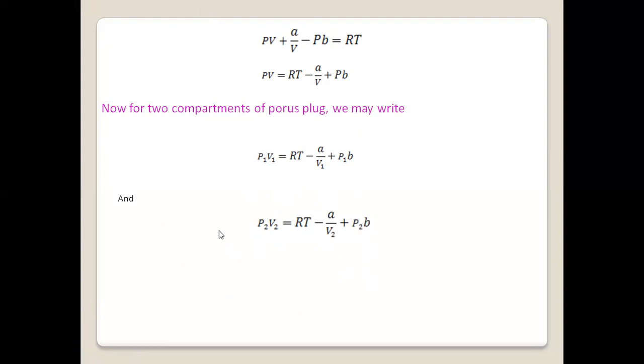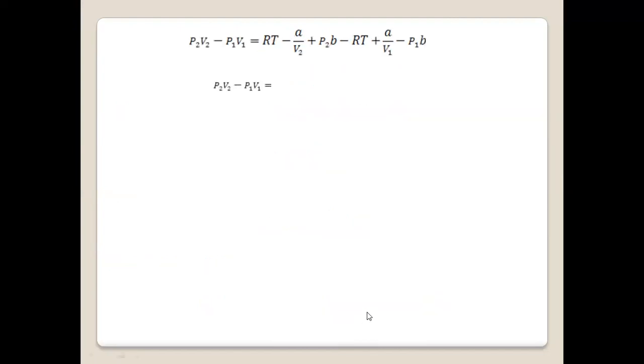Now we may write that the external work done, P2 V2 minus P1 V1, is this minus this, that is RT minus A by V2 plus P2B minus RT plus A by V1 minus P1B. Of course, RT and RT cancel each other, so P2 V2 minus P1 V1 is equal to A into (1 by V1 minus 1 by V2), and here also B.